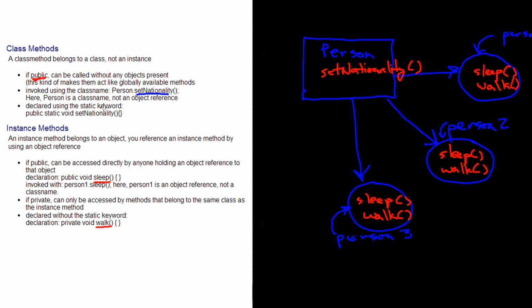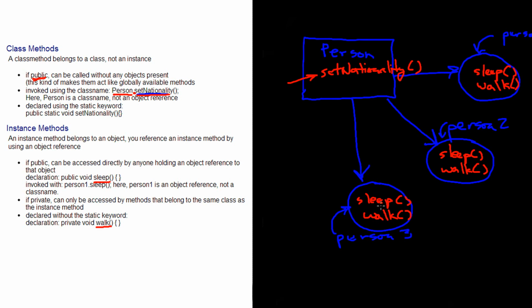The way you call it is with the class name, dot, and then the name of the method you're calling. So person.setNationality will invoke this method right here, and I don't have to create any objects before doing that. I can call that method at any time in the program, whether or not person objects exist in the system.